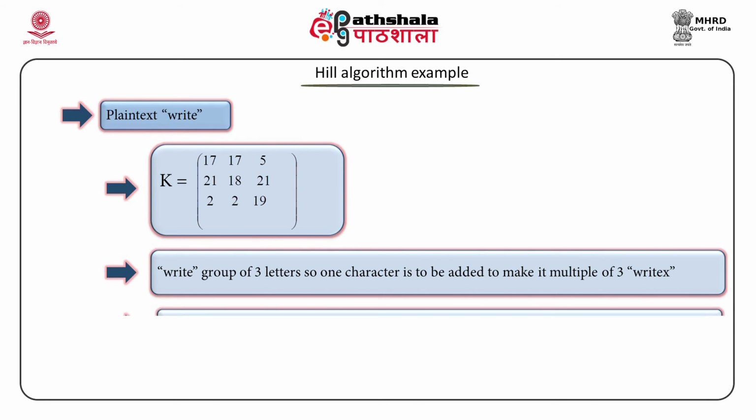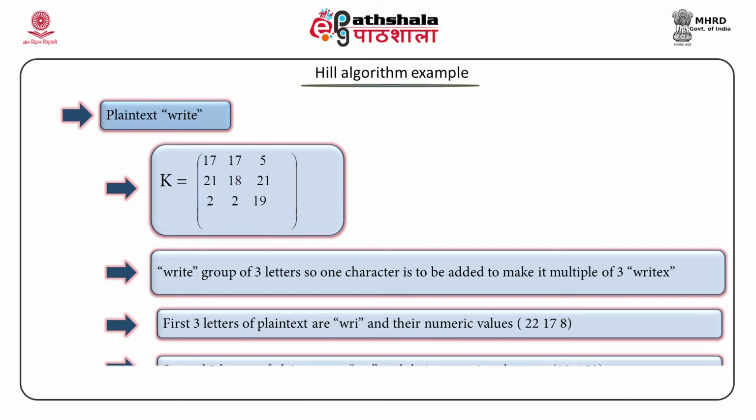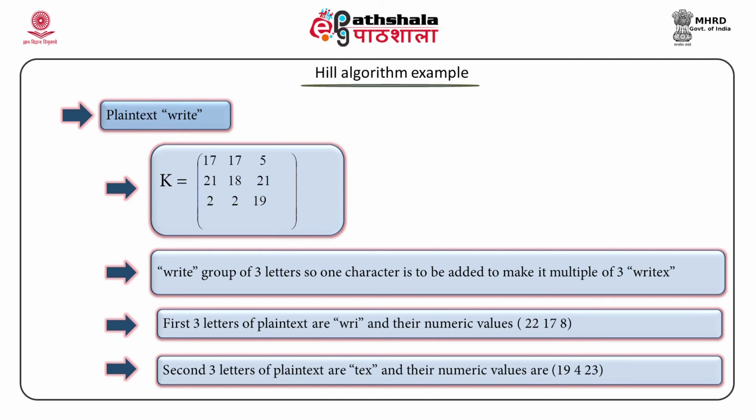So, first 3 letters of the plain text are W-R-I, which has numeric values 22, 17 and 8. Second 3 letters are T-E-X and their numeric values are 19, 4 and 23. So, once we are with numeric values, the only thing left is how to multiply these 2 matrices. Our equation is P K mod 26.